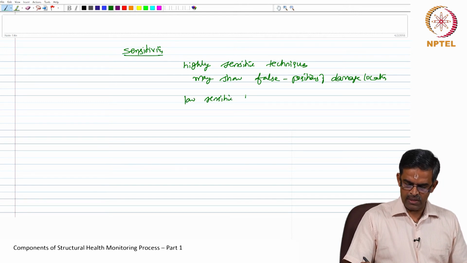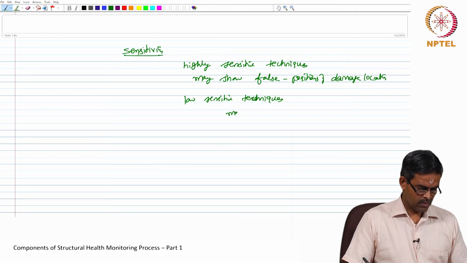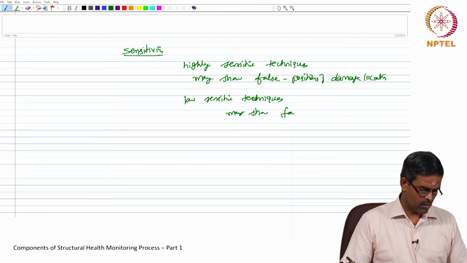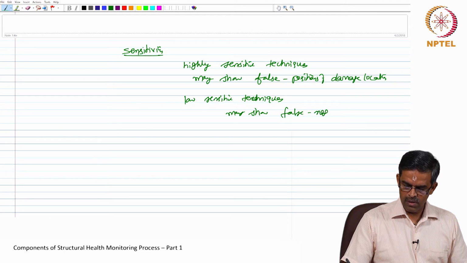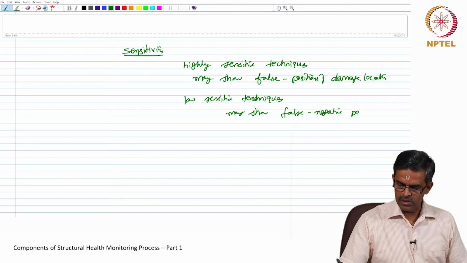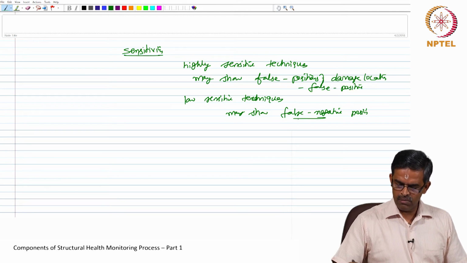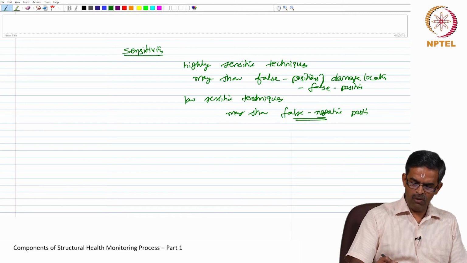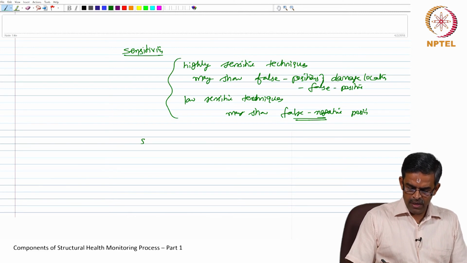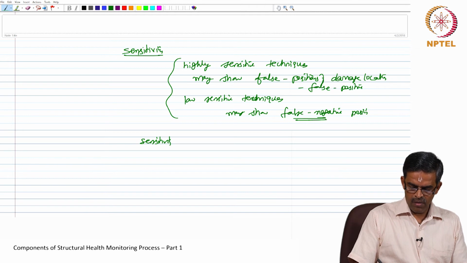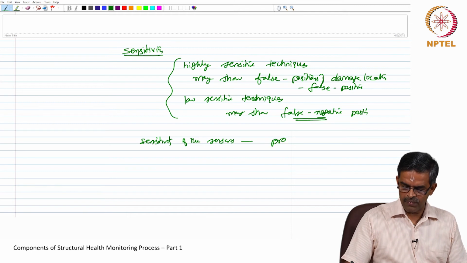Low sensitive techniques may show false negative positions. So, this shows false positive positions, sometimes it shows false negative positions. Therefore, sensitivity of the sensors deployed is again problem specific.